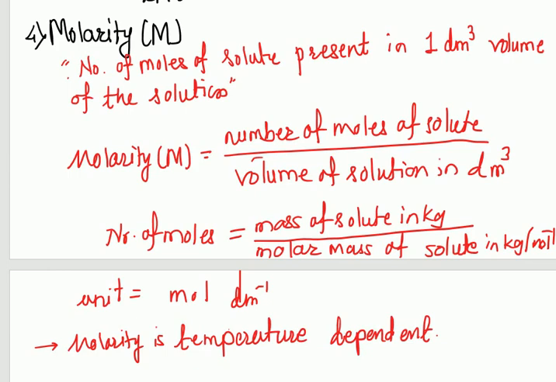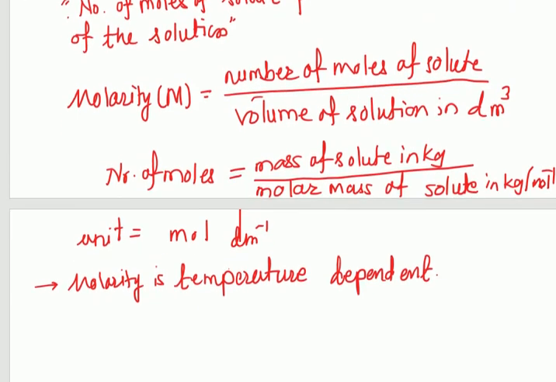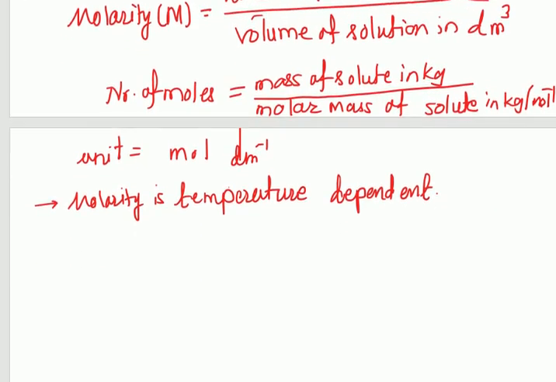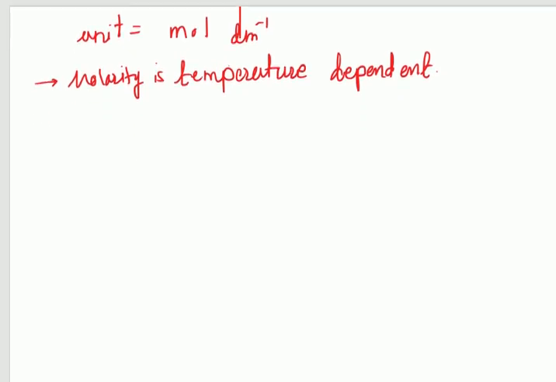Then the fifth way to express the concentration is molality. Molality is denoted by small m.